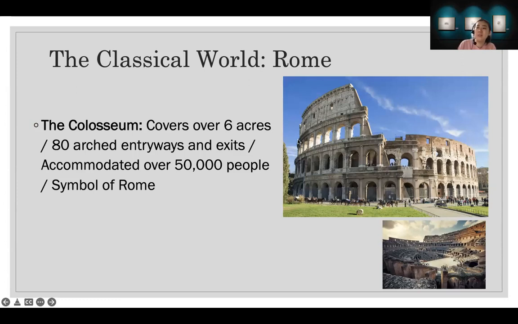The Colosseum covers over 6 acres and has 80 arched entries and exits. It accommodated over 50,000 people. It is truly a symbol of Rome. So that's it for the prehistoric and ancient Mediterranean world chapter.